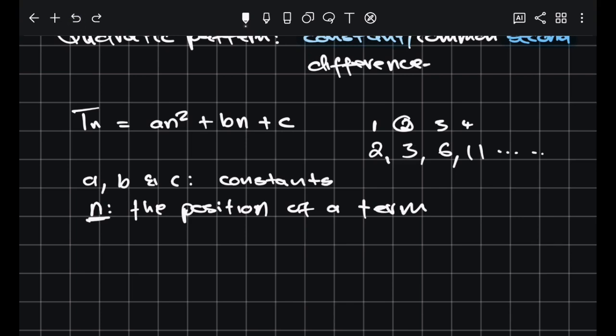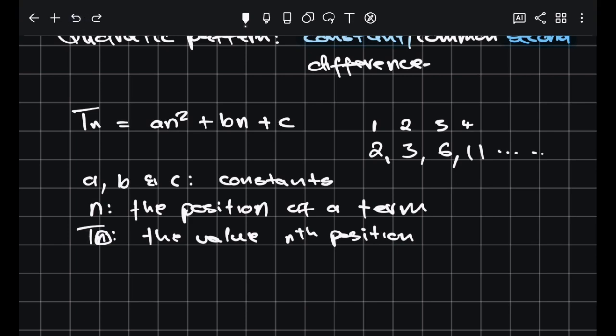Now that we understand what n is and what a, b, and c are, let's see what Tn is. Tn is the value of a term in a certain position, or the nth position, hence Tn, the term in position n.